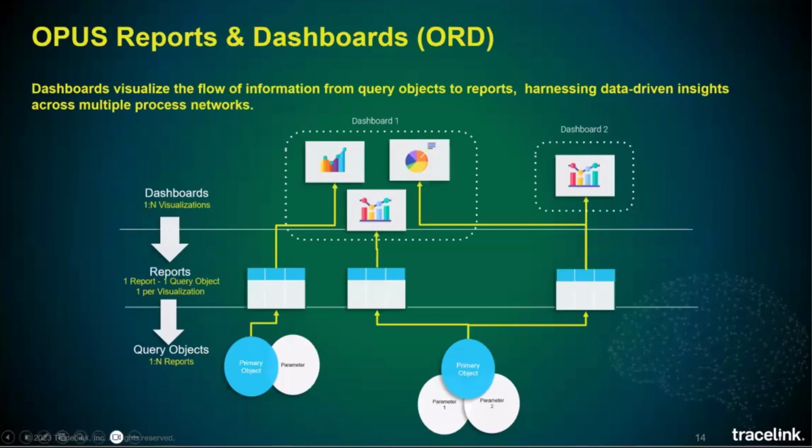And I think to Greg's question, if I have a given query object, it can be used on one or more reports, but a report can be based on one and only one query object. Likewise, our dashboards are built on our reports, and a given dashboard can be based on one or more reports. That's how it's built up.